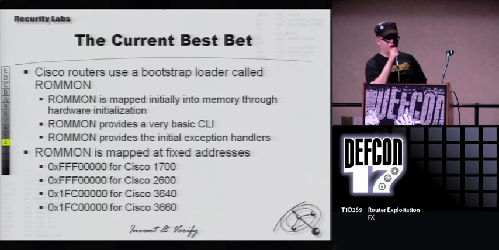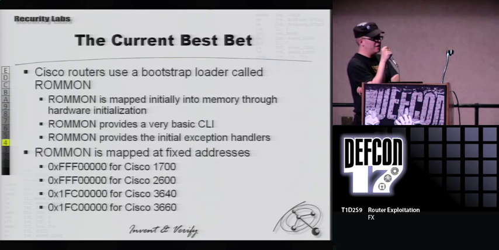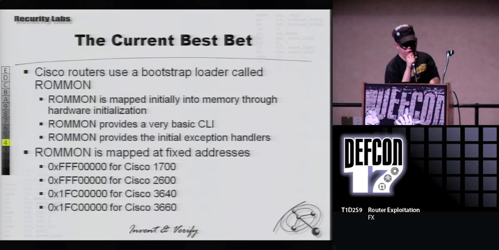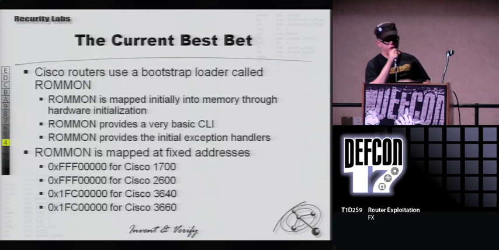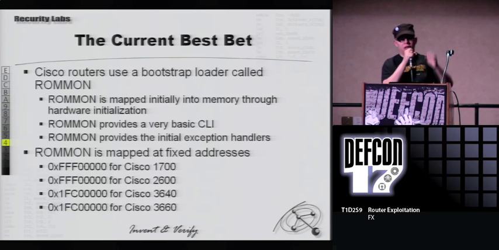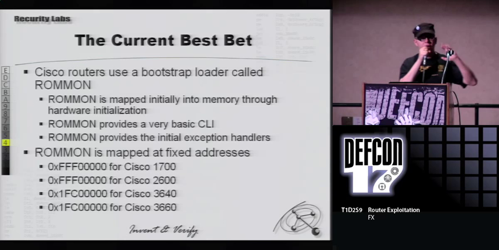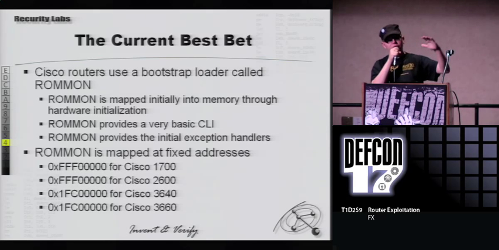But Cisco has something like a loader, something like a BIOS called the boot ROM. And that's the ROMMON. And that's actually, right now, the very best option we have in terms of return addresses. So ROMMON is mapped initially into memory to boot up the machine, right? And then stays there. And it's mapped on fixed addresses.